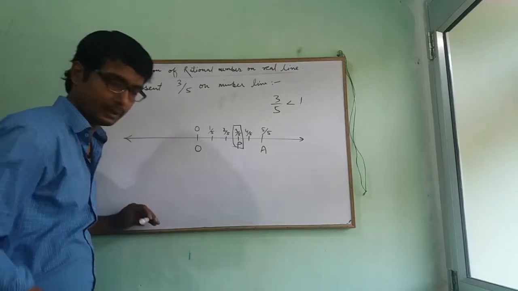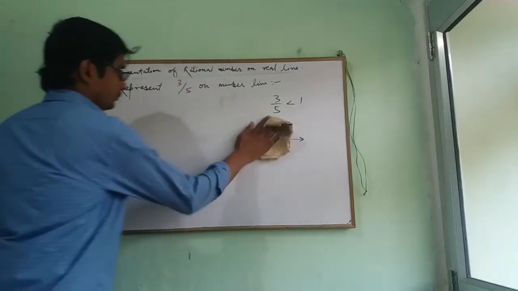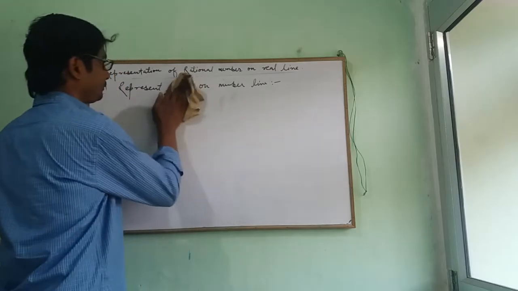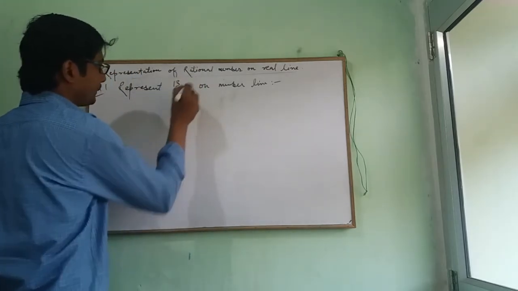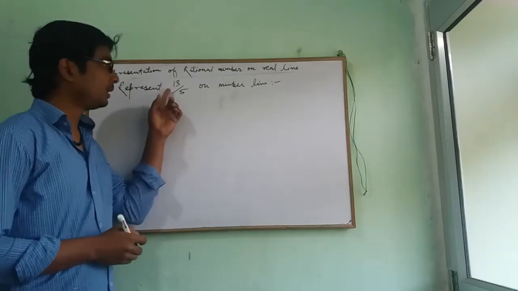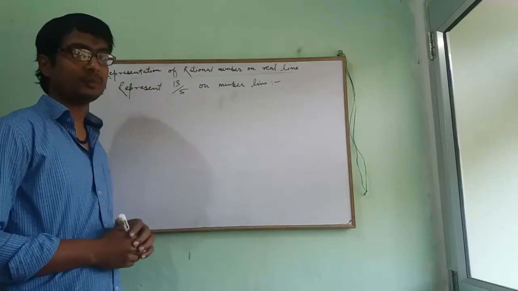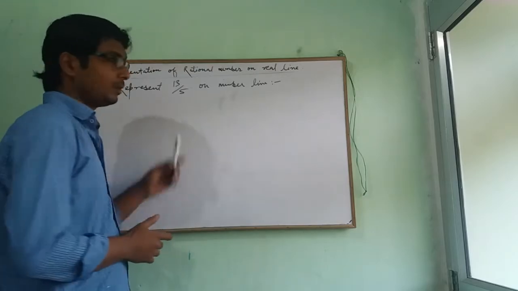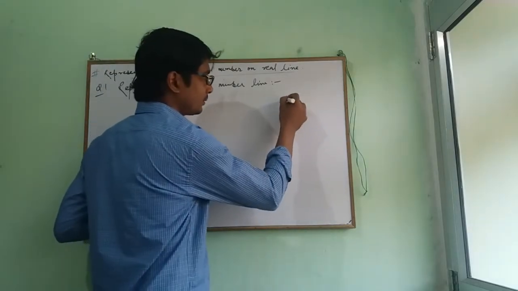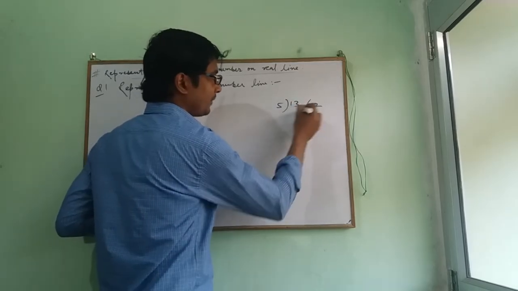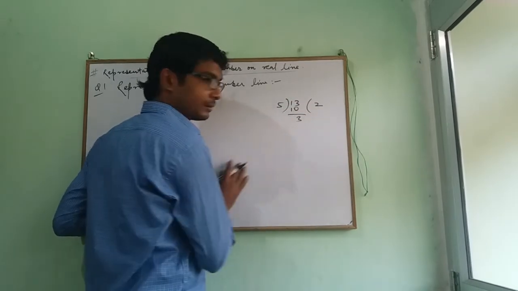Let's take one more example. 13 by 5. Now, as you can see, my numerator is greater than my denominator. So first of all, I have to divide 13 by 5. So 5 twos are 10, remainder is 3.